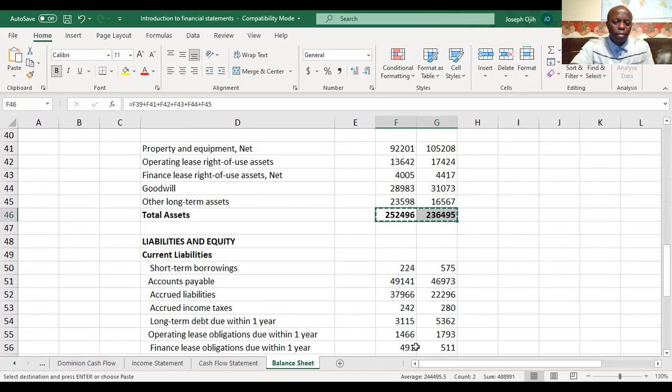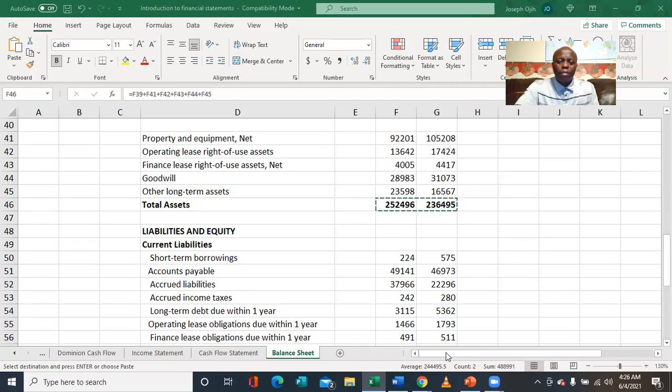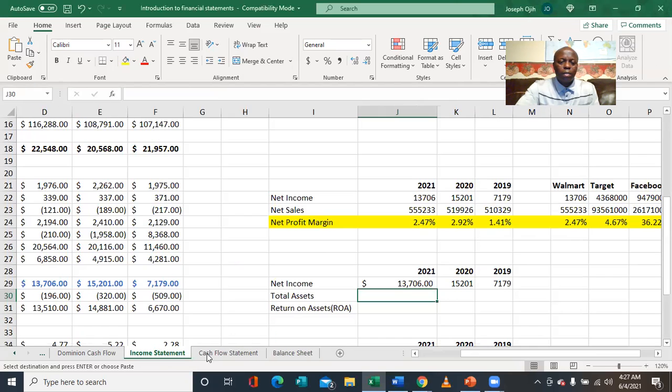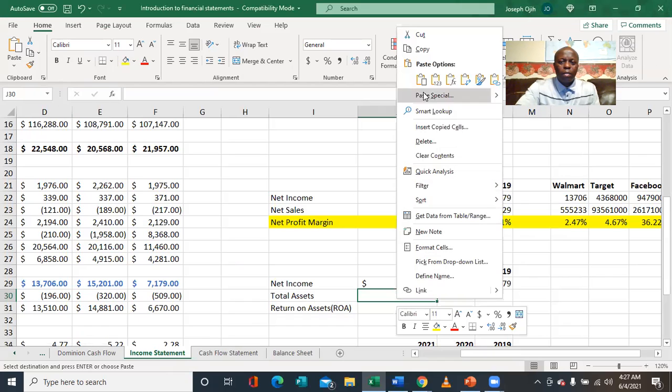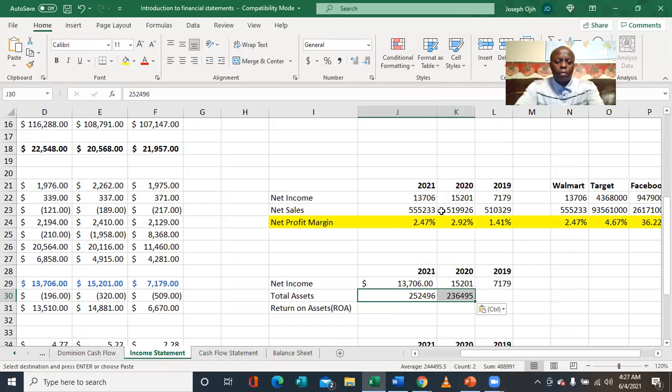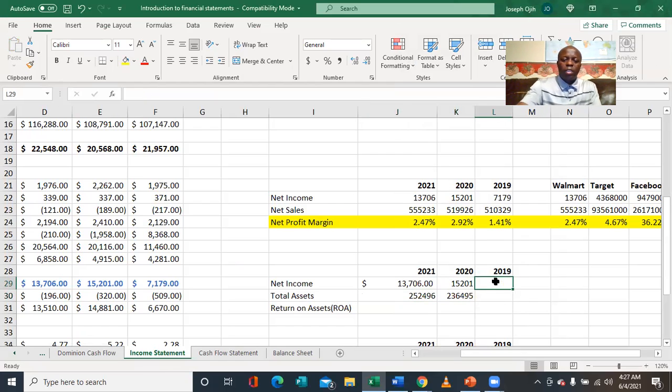I copied it, and then I pasted it in the section that has the income statement. So I'm going to paste it here. We're going to remove this one because we don't have the 2019 data for that.